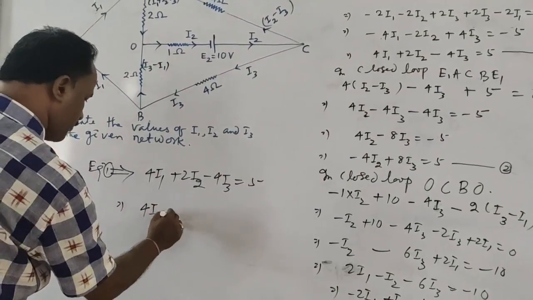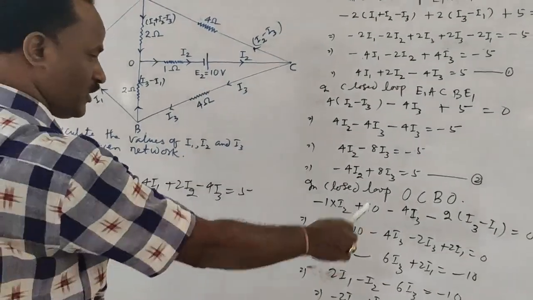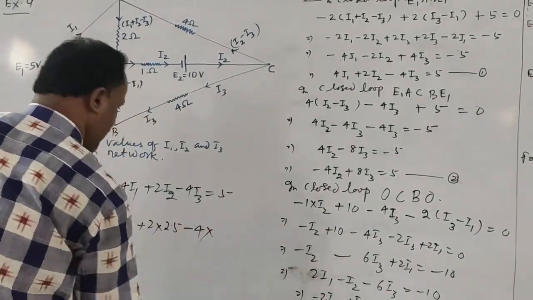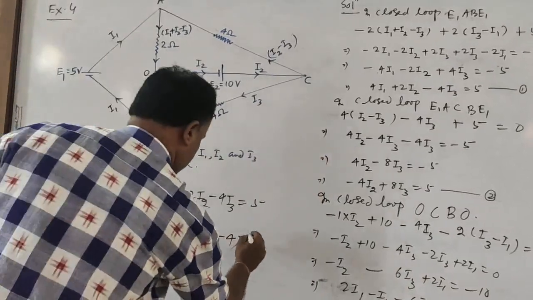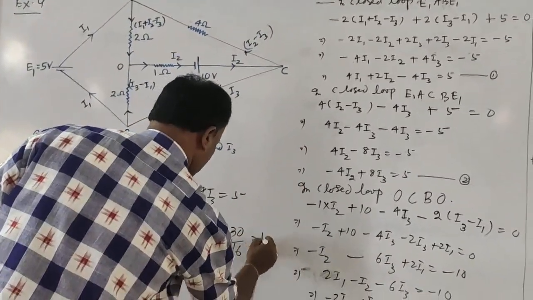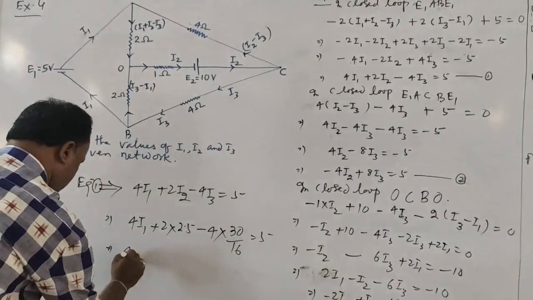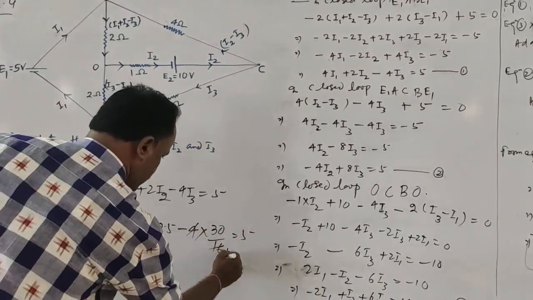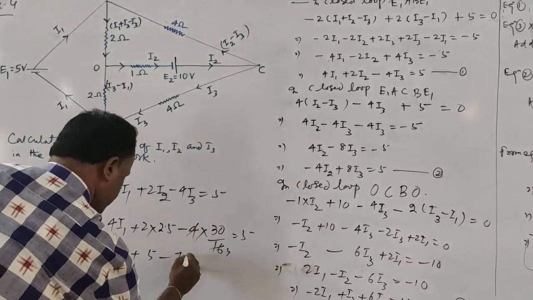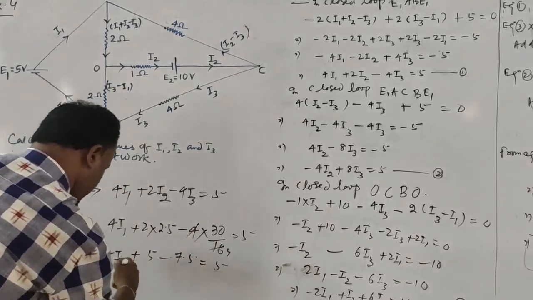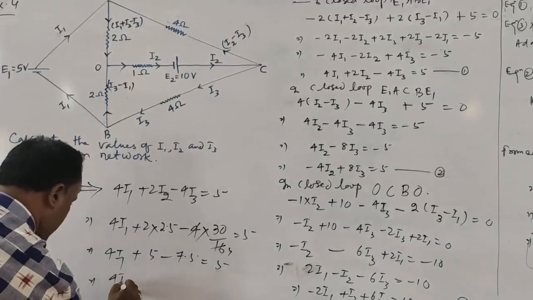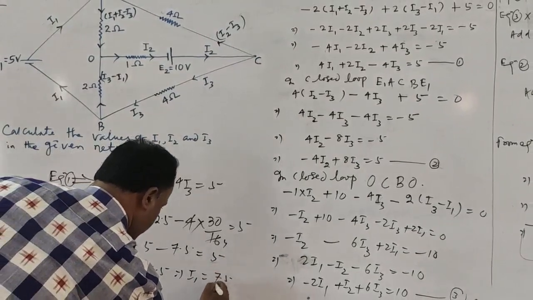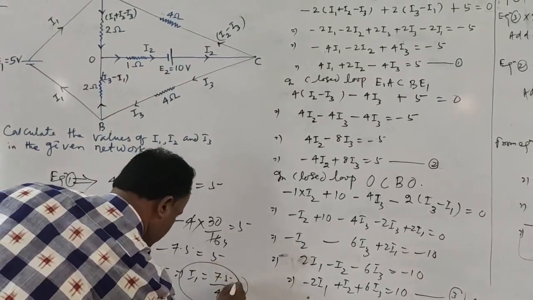So 4I1 plus 2 times 2.5 minus 4 times I3, where I3 is 30 by 16, is equal to 5. It is 4I1 plus 5 minus 7.5 is equal to 5. The 5 cancels, and 4I1 is equal to 7.5, which implies I1 is equal to 7.5 by 4 ampere.